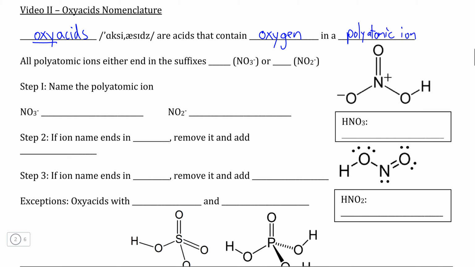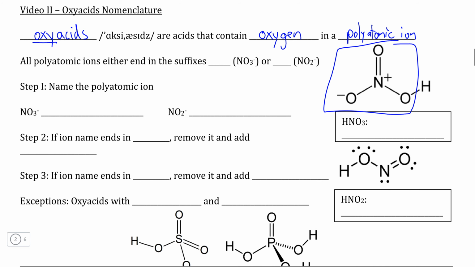So the actual proper name that would hint on where these acids come from should probably have been polyatomic ion acids instead. So for example, we can see here in this top oxyacid that the polyatomic ion is nitrate.